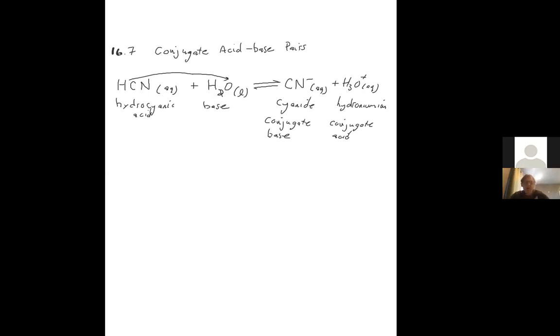So what we're interested in for this discussion, and this will lead us into buffers in the next chapter, are these two species right here. We're going to write these down as HCN, and then I'll just put a little slash next to it, CN minus.